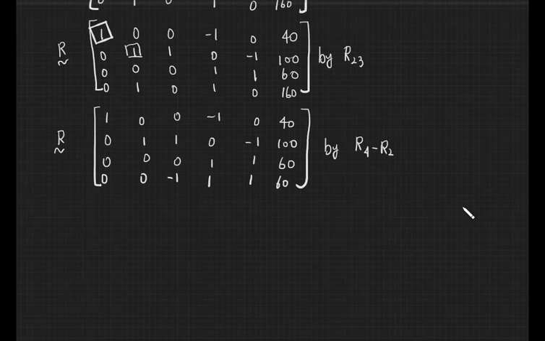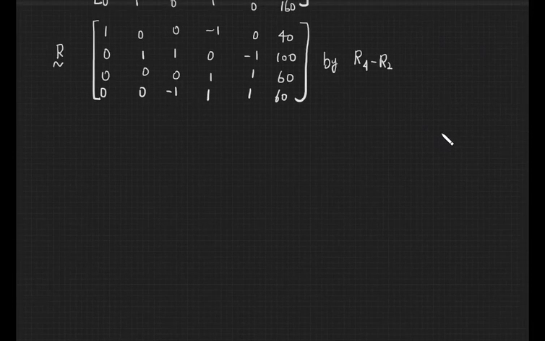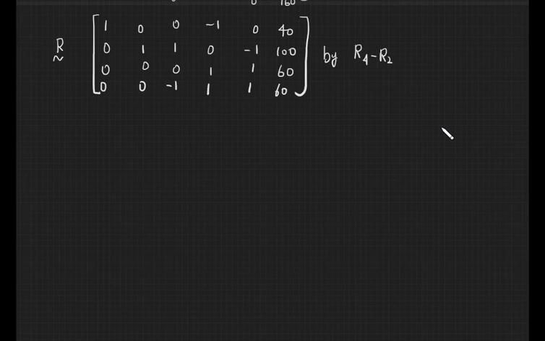Then we shall move on. Now the second column is looking very nice. We have got 1 and all other elements below that are 0. Now the pivot element of the third row should be here, which we can make by switching the third and fourth row by applying the elementary row operation R3 4.